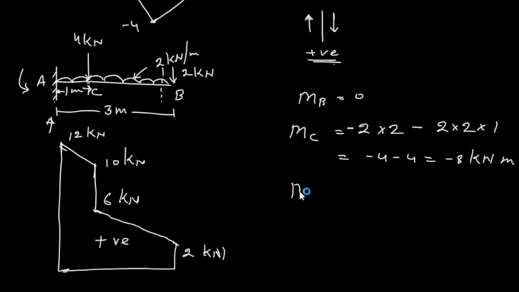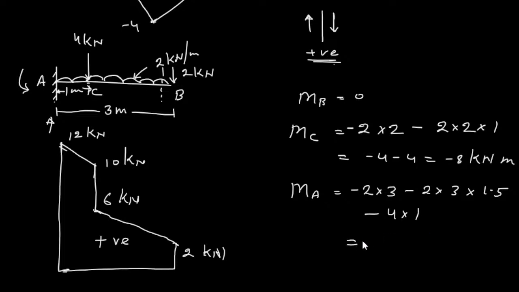And finally bending moment at A. It is minus 2 times total length 3, because this UDL is also acting for a total length of 3, and its effect will be at the center of this 3 meter, which is 1.5, and then minus this 4 kilonewton, which is acting at a distance of 1.